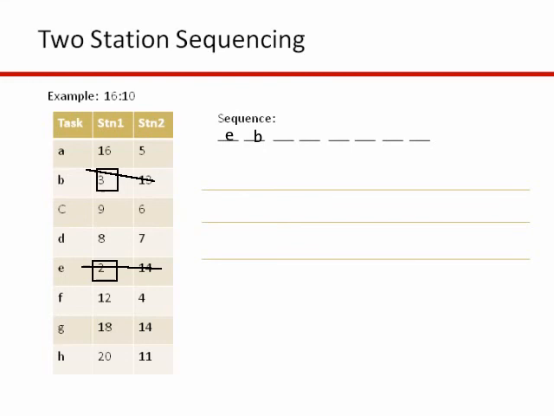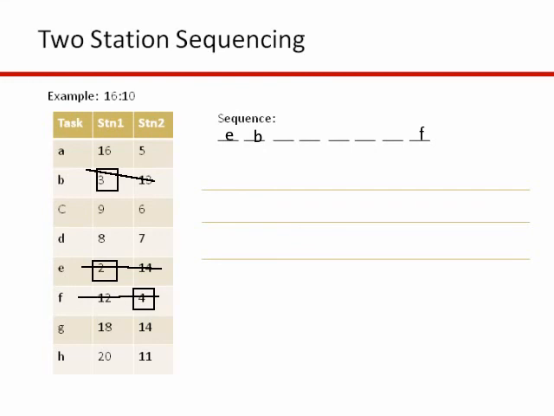And we just keep going along with this. All right, so then the next lowest one looks like it's F. Now, this one is on the second station, so we're going to put it all the way to the right, and then we'll eliminate it from further consideration.